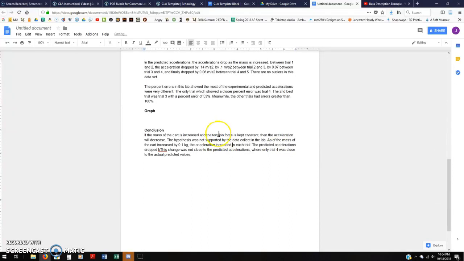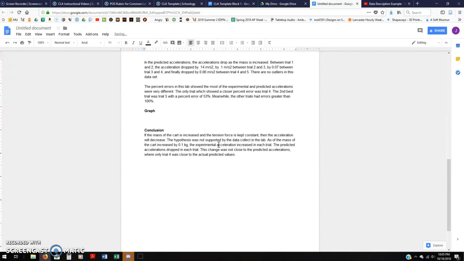I messed up. It's increased. Sorry. The experimental acceleration is increased. And let's actually be more specific here, and delete that extra I. So the predicted acceleration is dropped in each trial.